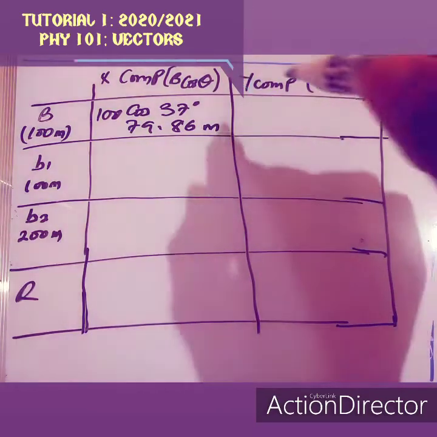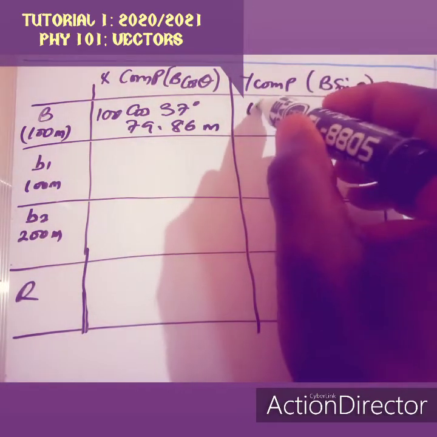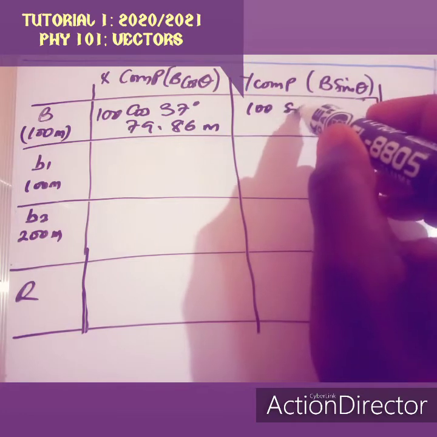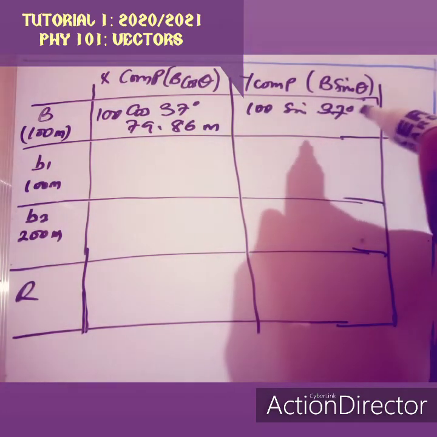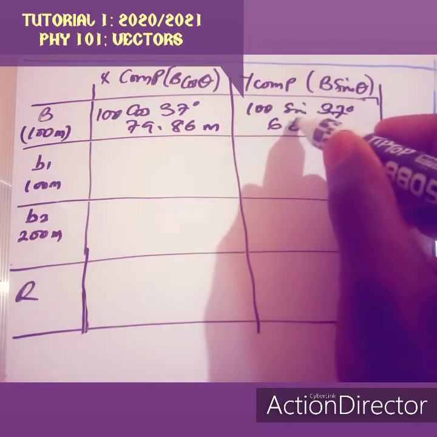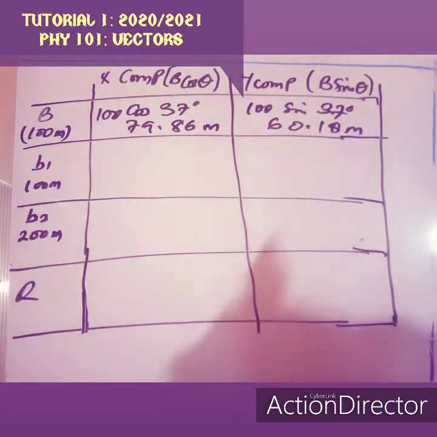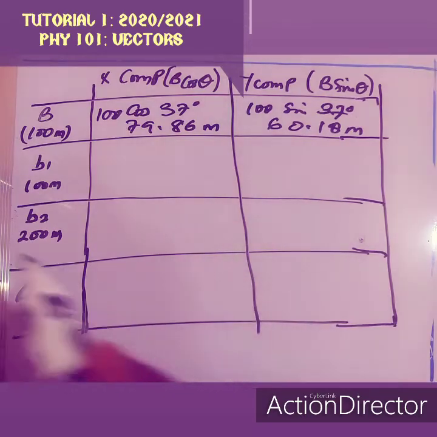Then here we will get 100 sine 37 degrees. This is going to give us 60.18 meters.